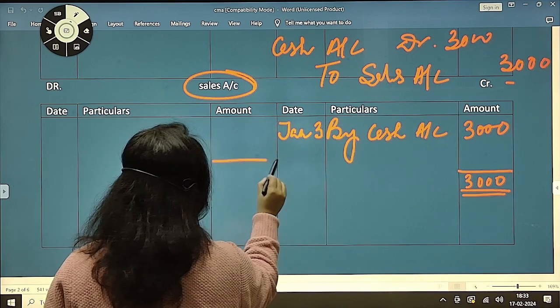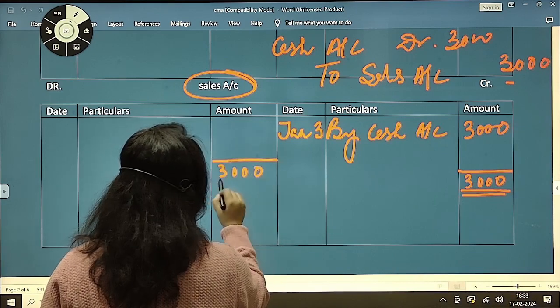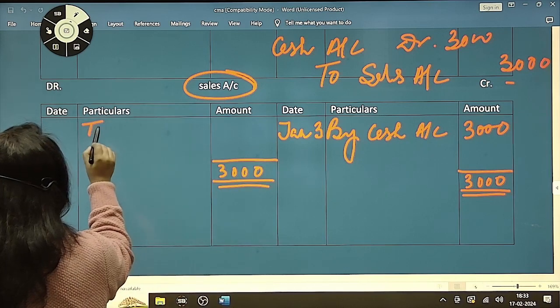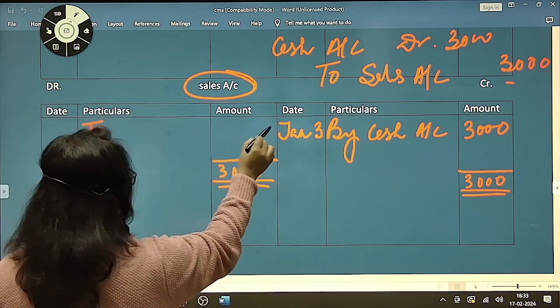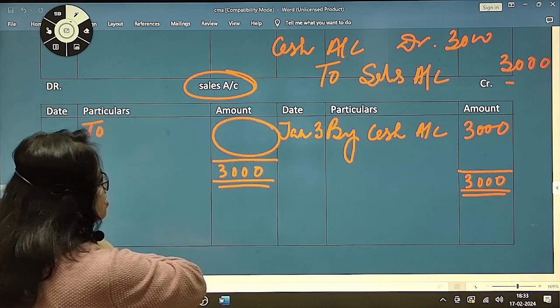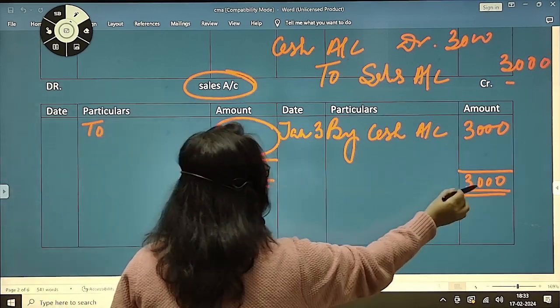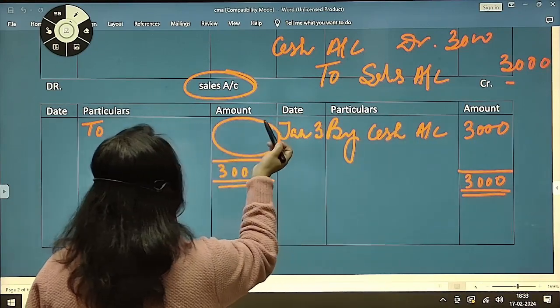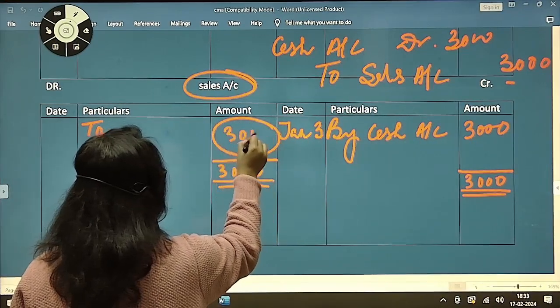This side it is 0. There is no other account. So we are writing 3,000, then balance CD will be this side, because the balancing figure we have to write here. Whenever we are balancing, more is in the credit side, that is 3,000, and here less. How much is less? 3,000 is less.